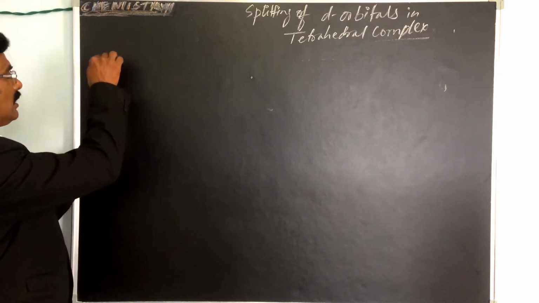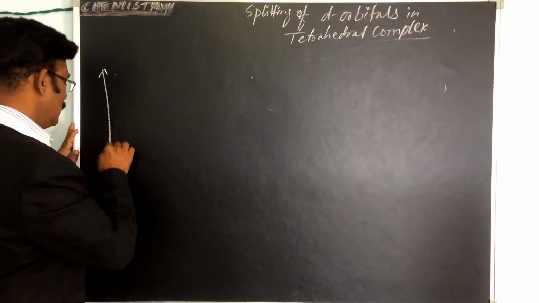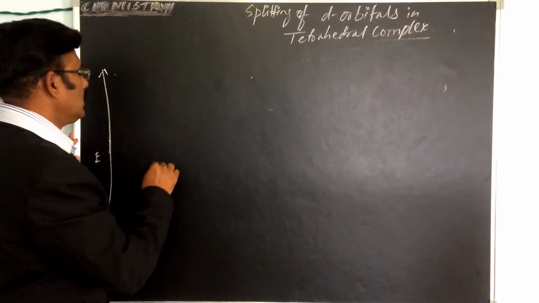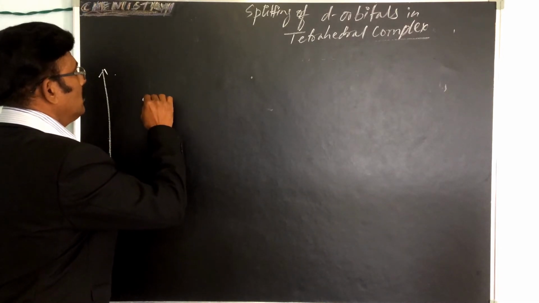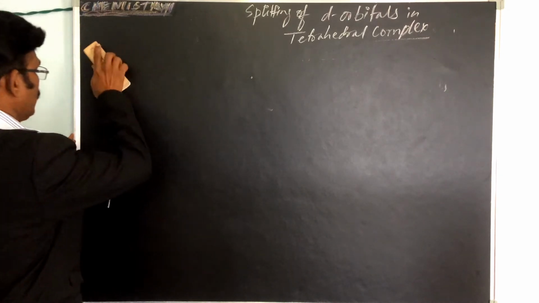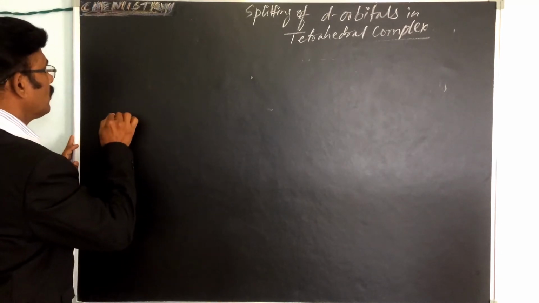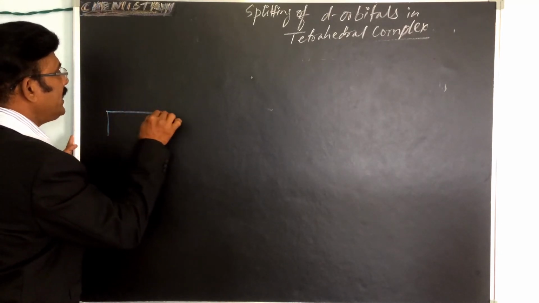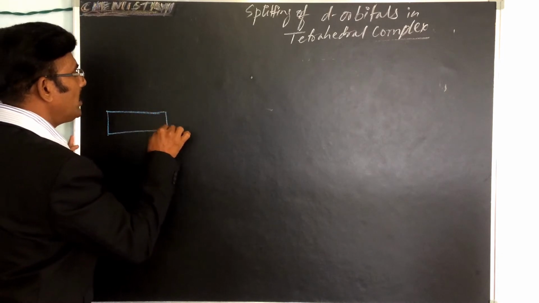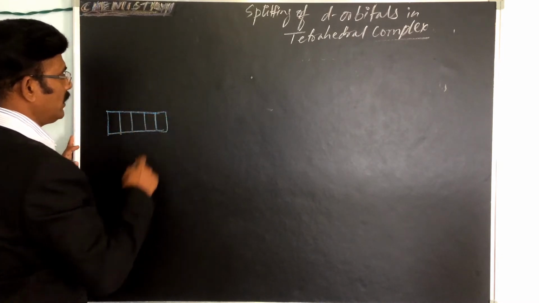Take the five d orbitals: 1, 2, 3, 4, 5.